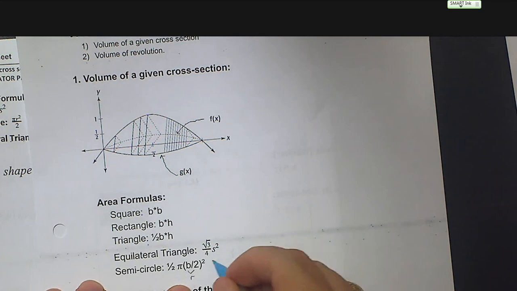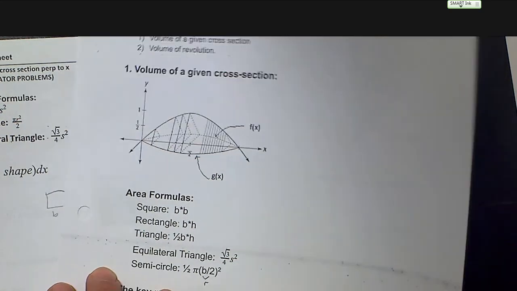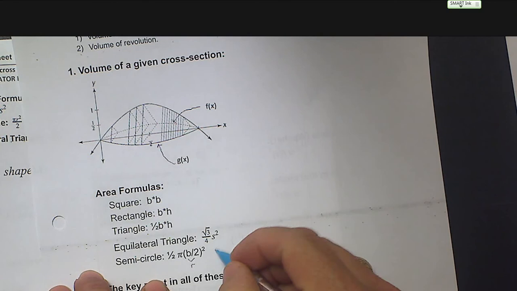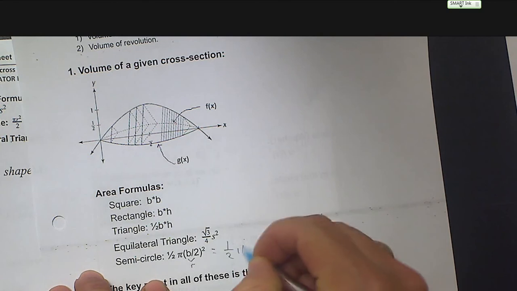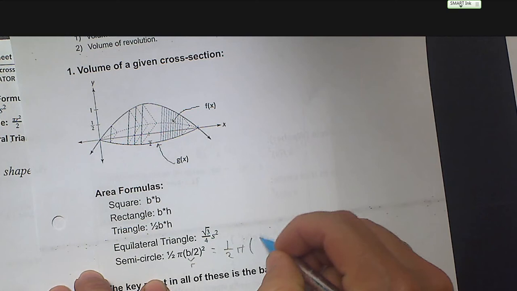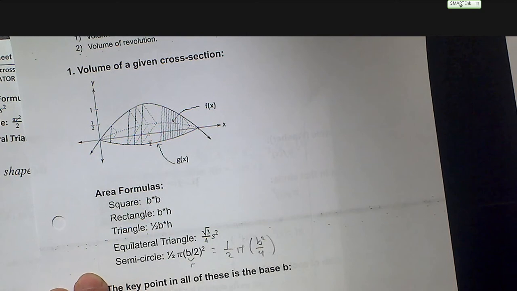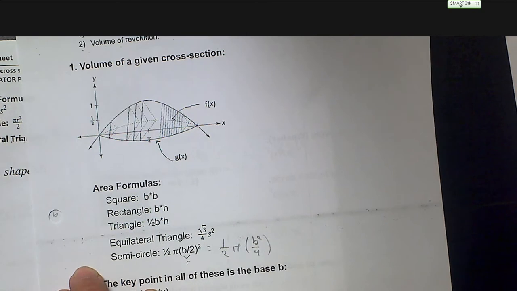And so if we think about what's going to happen right there, that's really going to be 1/2 pi base squared over 4. Do you agree with that? Think about that. Base over 2 times base over 2 would be base squared over 4.